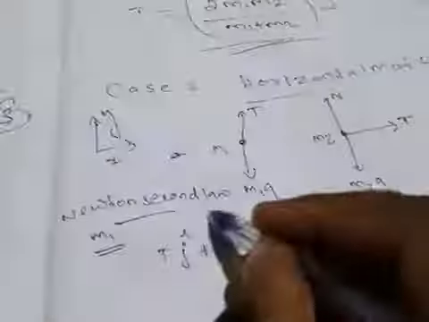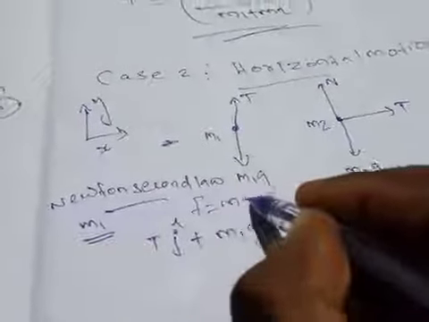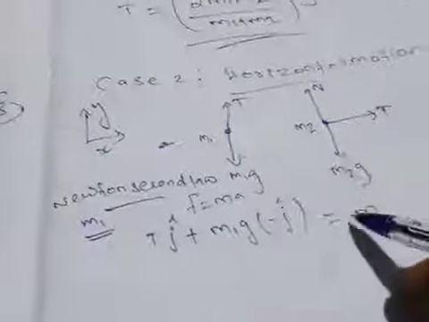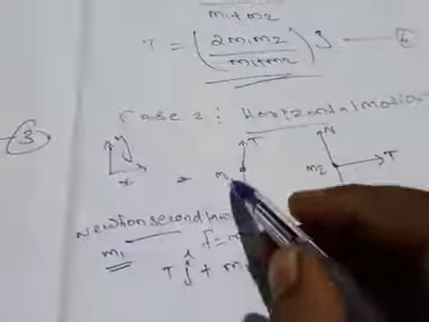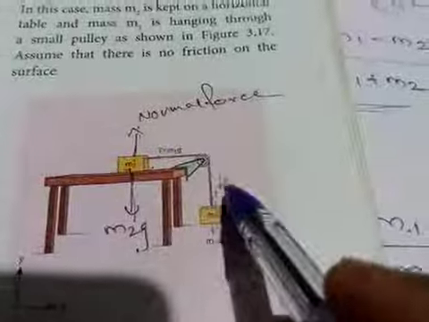This is the formula, F is equal to MA. F means the total force, upward and downward. Which direction is the acceleration for mass M1? Let us see, this is mass M1, so the acceleration is in the downward direction.